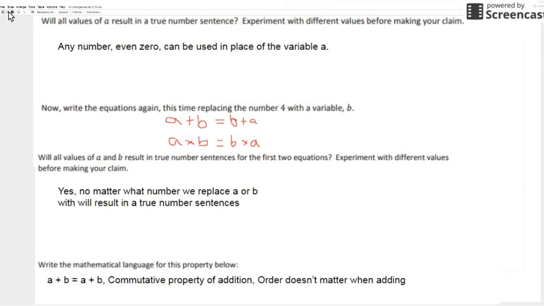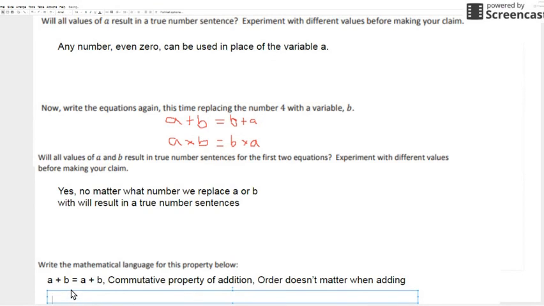And we do the same thing with our other one. Let's look at the same thing, but now dealing with multiplication.